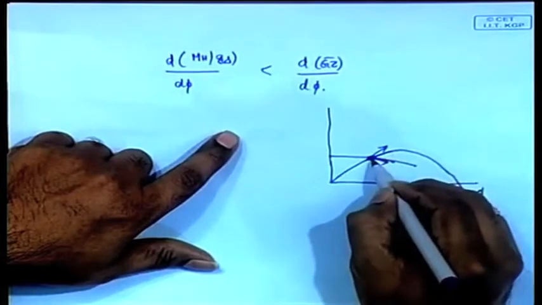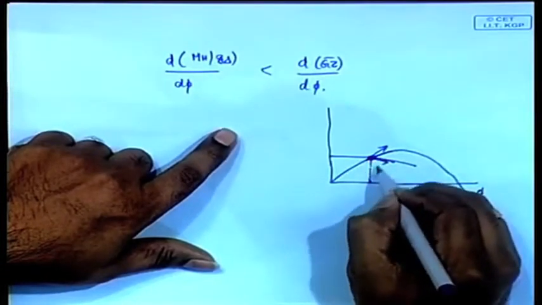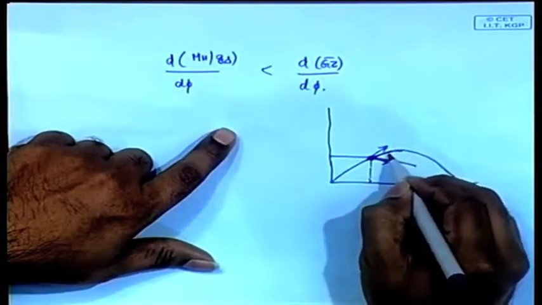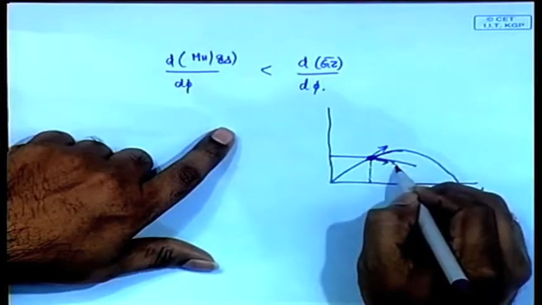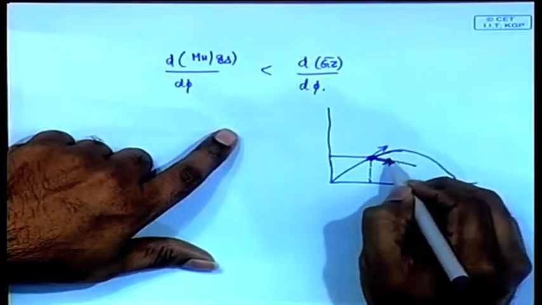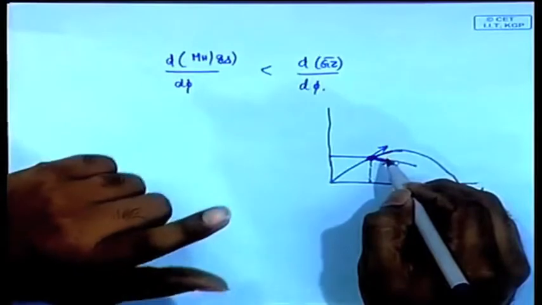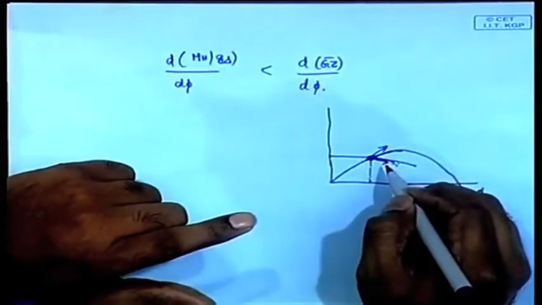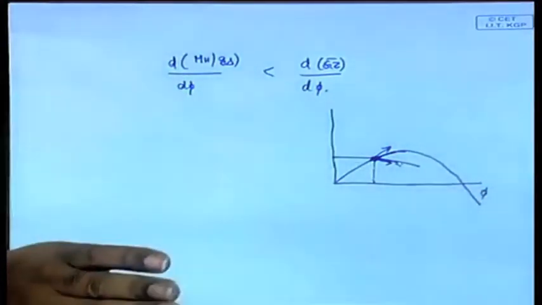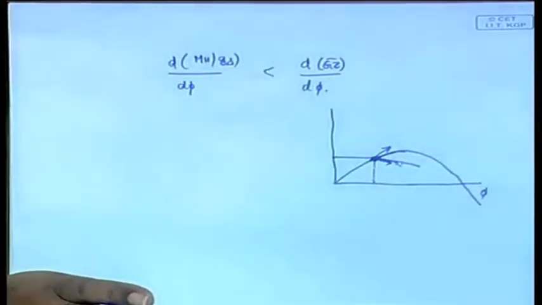The moment you cross this point, this curve will be above this curve. That means from that point up your righting moment will be greater than your heeling moment. When you do that, resistance is more, there is a tendency to come back, there is no tendency to go further. So it is a position of stable equilibrium.